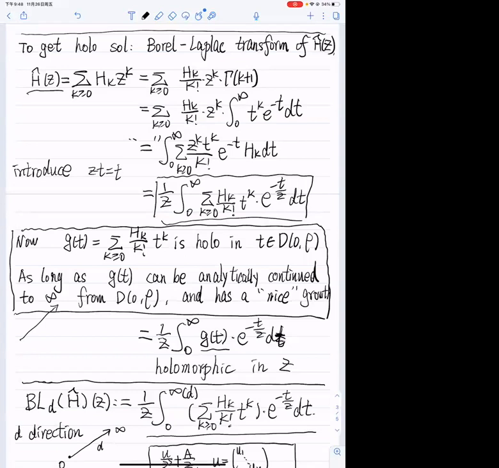And this map is of course a linear map, and it's also compatible with differential operators, right?